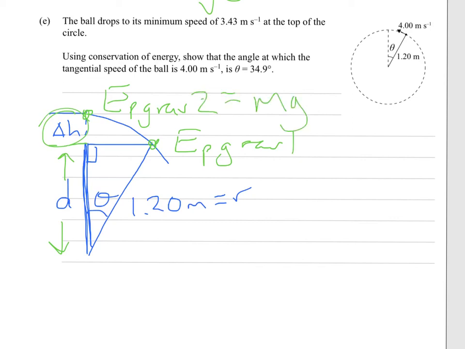We can just do mgh, using h as the radius, although we have to be very careful that, if we know the maximum speed at the bottom or the maximum energy, we use an h of 2.4 metres because that's the full height. So you would do the 2.4 metres and then use that distance there, that height, which would be 2.4 metres minus that change in height.